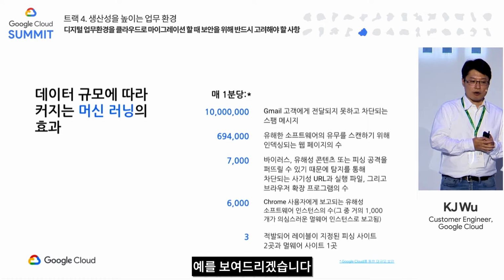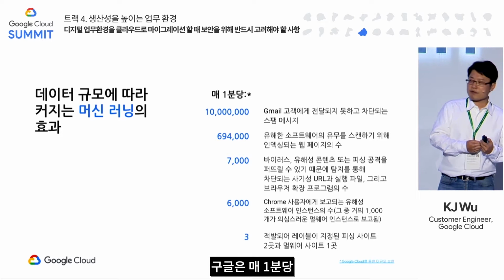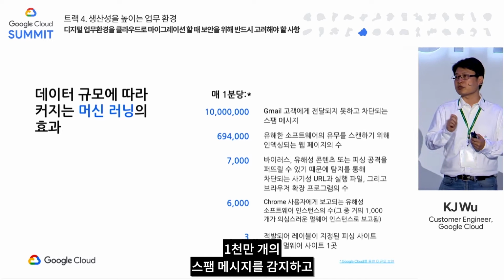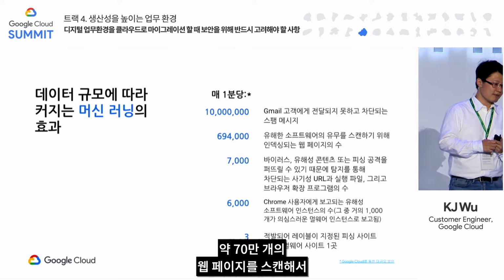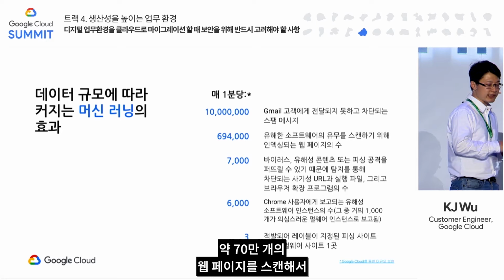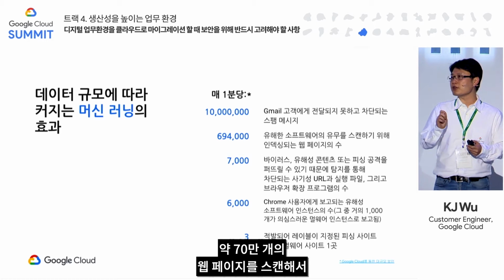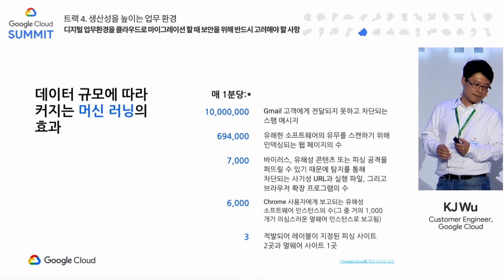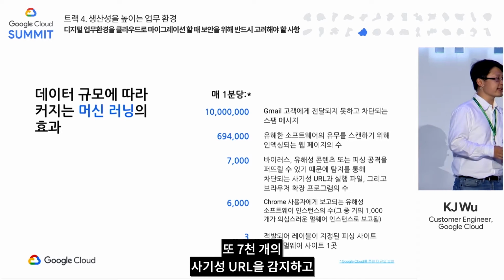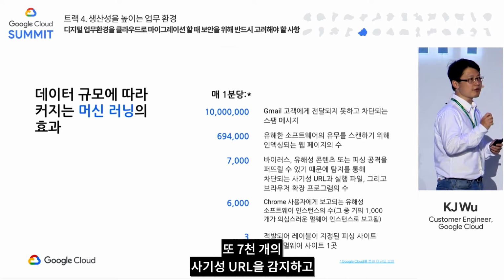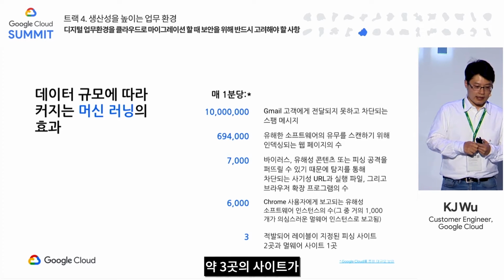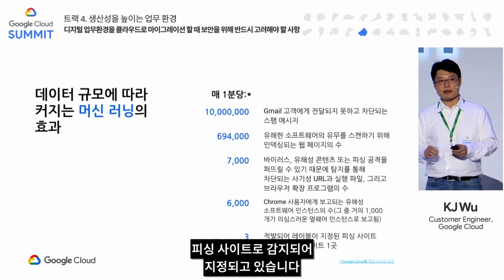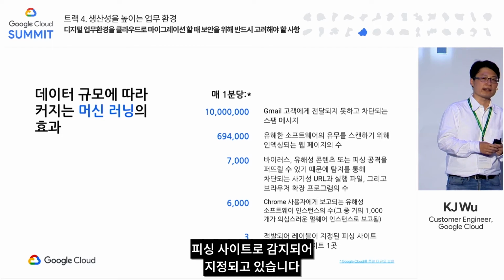Let me give you some examples. Inside Google, every minute, 10 million spam messages are detected, and about 700,000 indexed web pages are scanned from our search services. 7,000 deceitful phishing URLs are detected, and about 3 phishing sites are detected every minute.